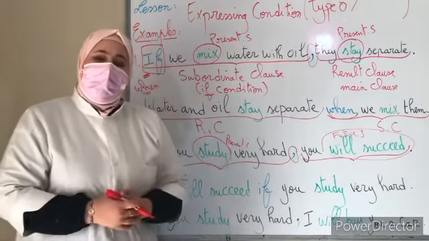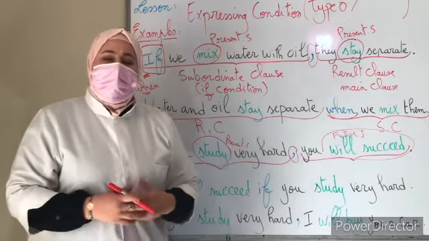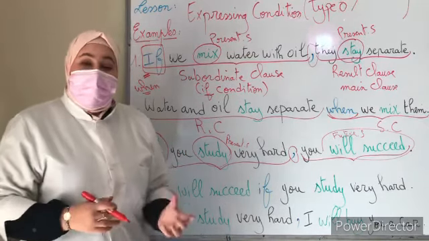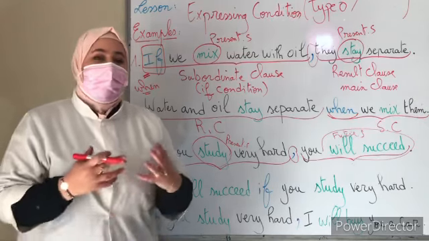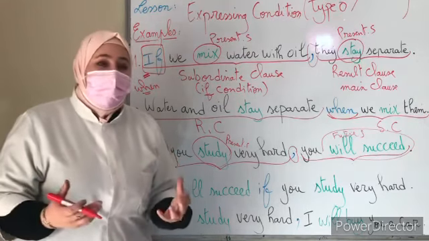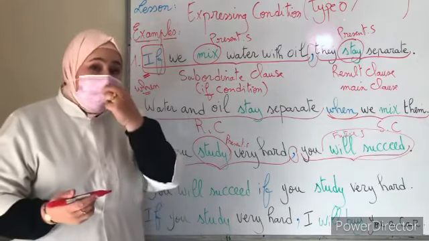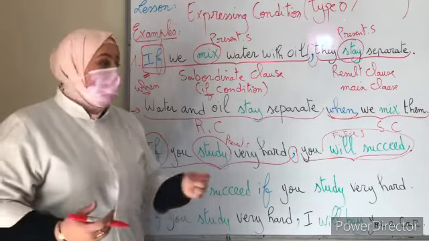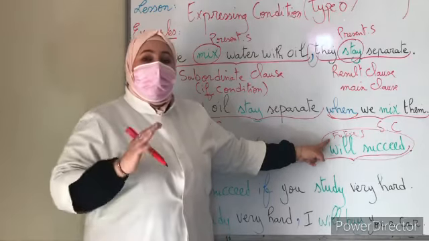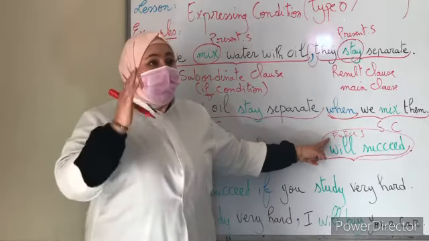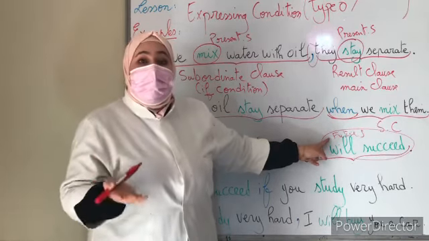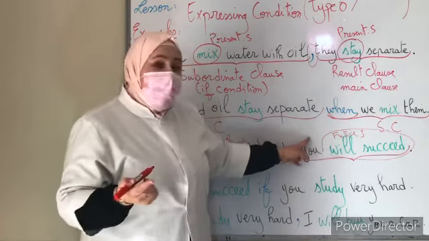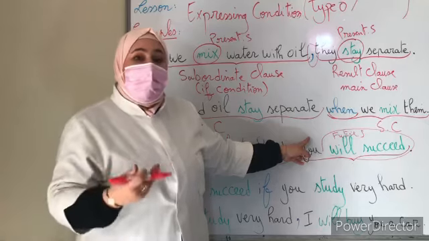Do you know why we used the future simple and not the present simple? Yes, for sure. Here it is not a scientific fact or a general truth, because we are not always sure that when you study very hard, you succeed. That's why we use the future simple when we make predictions or when we try to imagine what may happen in the future, because here we don't obtain the same results.